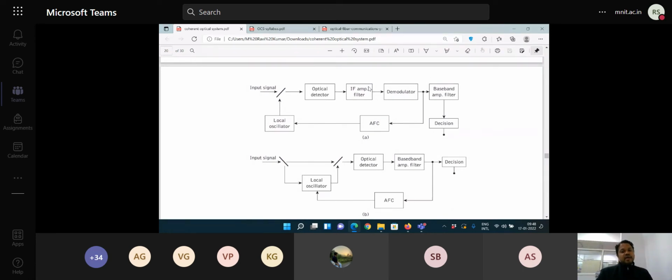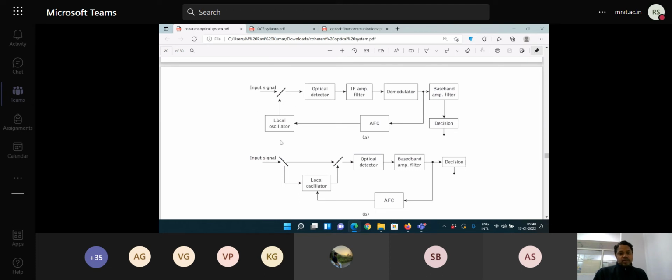The standard demodulation techniques employed in the radio frequency range can be employed here to get back the baseband signal, and this can be amplified and filtered to have the data.